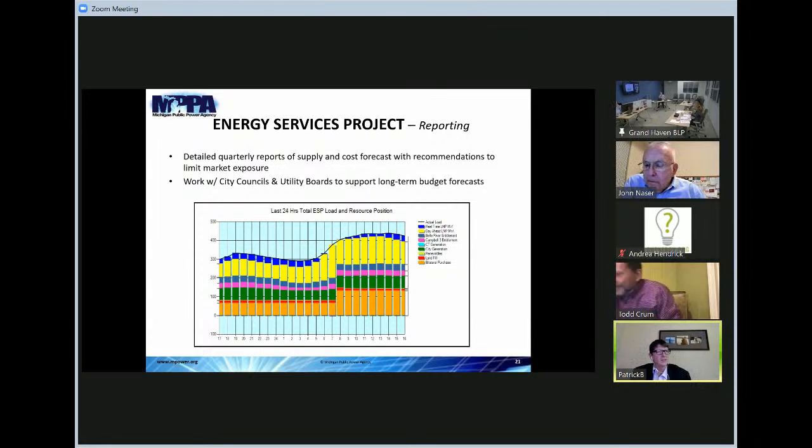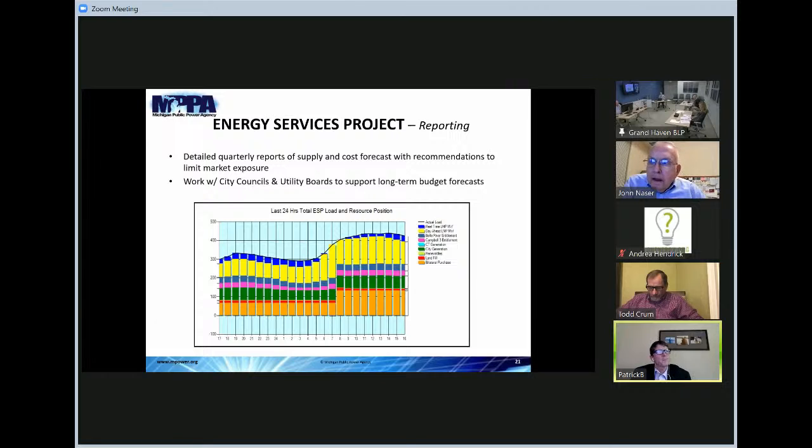But those detailed reports are all part of working with our members, their utility boards, their city councils, to provide those long-term budget forecasts and just really help them understand how their power supply procurement is being worked, what is composed of their power supply portfolio, what challenges and risks are there. And you will start seeing, as board members, more and more graphical reports from the agency here in the next year.